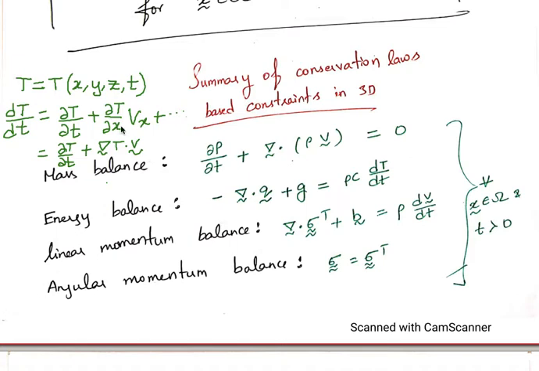Let us say the material is moving along the x direction, then in this term you are going to have this and you are also going to have a vx. So it all depends on how you want to set up your problem.